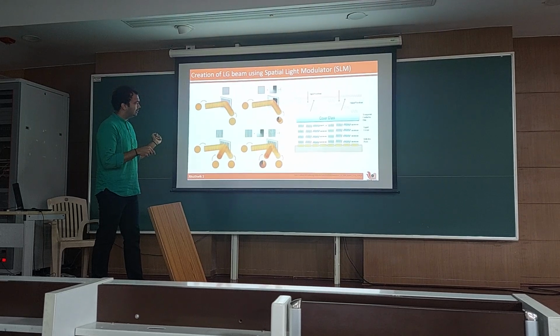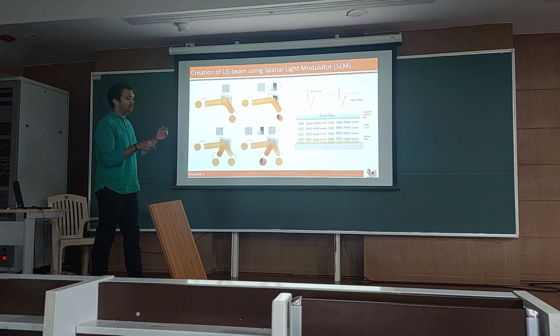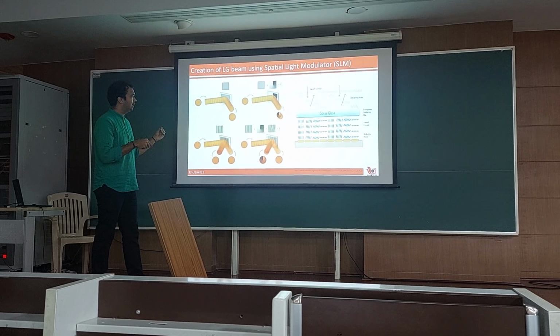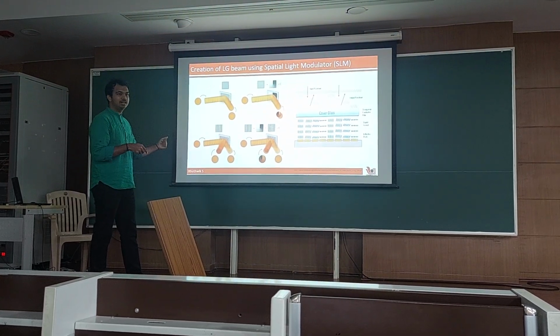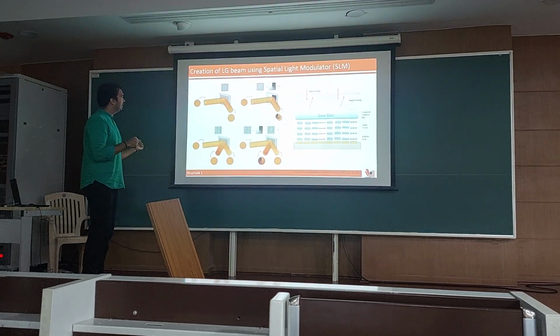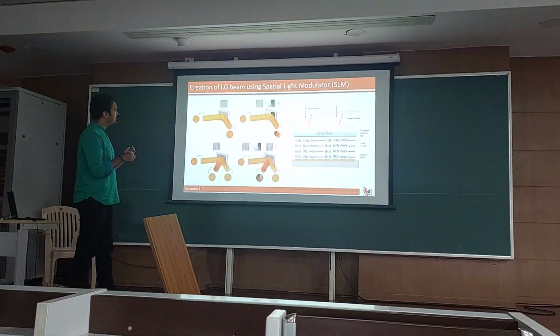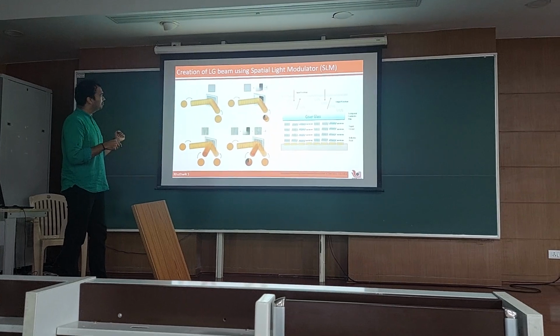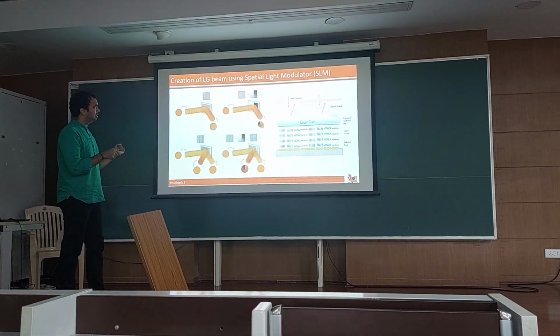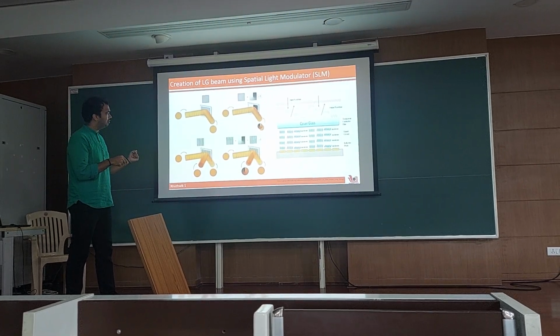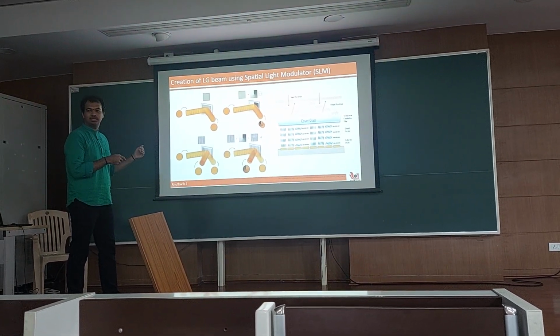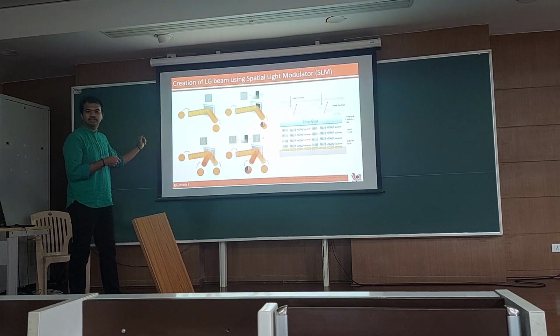If it is completely aligned, it will add more phase, like 2 pi phase. If it is aligned like this, then the reflected wave will not get any phase added. So if we give the whole panel the same voltage, it just acts as a mirror. If we give 0 to 2 pi phase like this, some part will get converted into a Laguerre-Gaussian beam, and there will be a Gaussian beam also overlapping with that, due to the efficiency of the SLM.